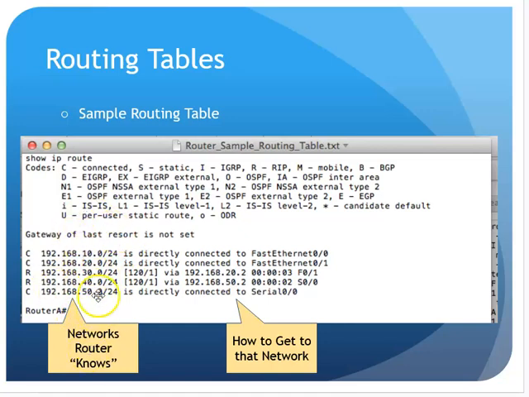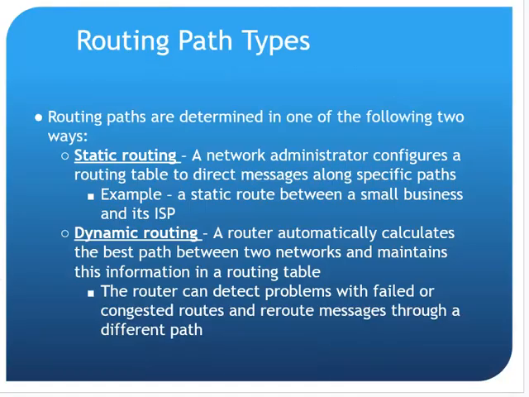You notice there's no host portion there, just the network portion. And it says, okay, this network, I can get there via this port. This network, I can get there via this port. This network, if I go out this port, I will be one router away, and then I can get there. That's what I'm seeing here. These are some things we're going to look at in a minute. So it's maintaining that kind of table of what network and how do I get there.